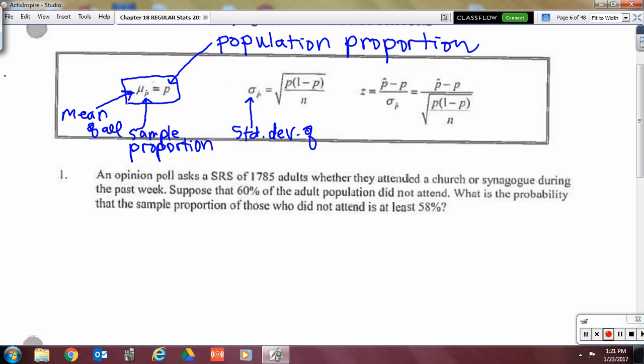Okay, so then this next thing, we know what is that symbol. Good. Standard deviation of all P hats. And so, same thing. So that means the average distance that all of the P hats will be away from the mean. Okay? So notice we have P. So we have, again, that population P times 1 minus P. And then, what does N stand for?